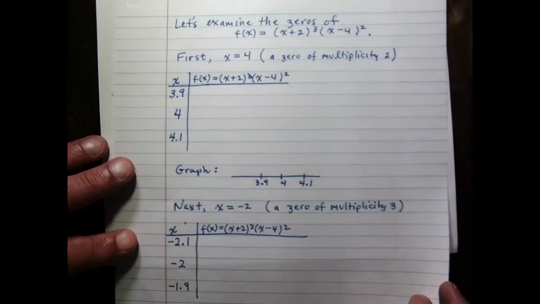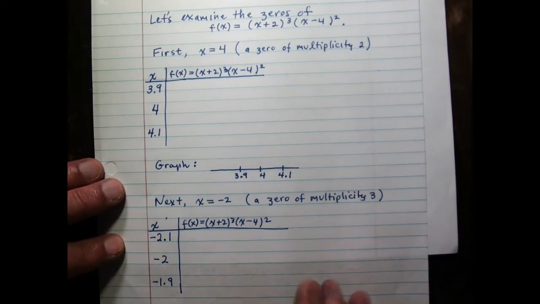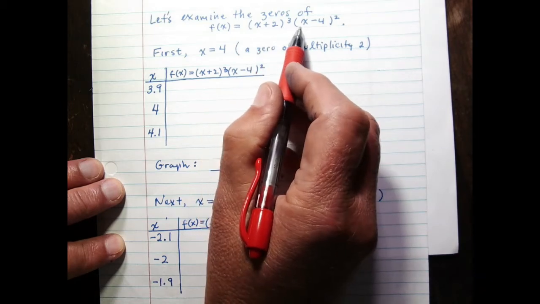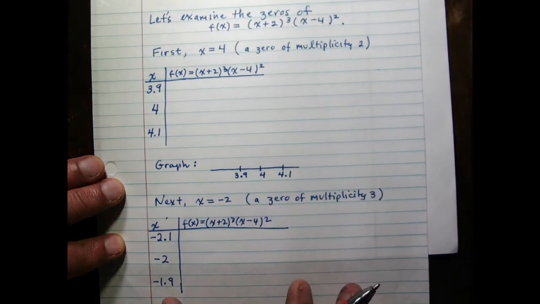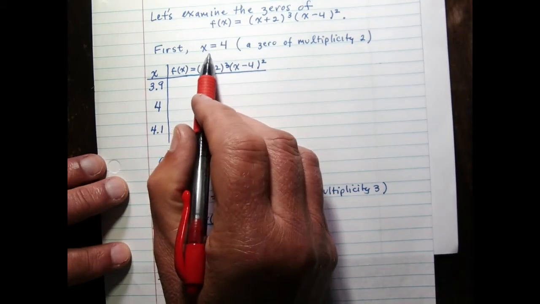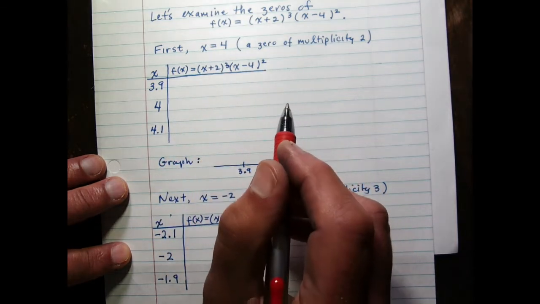So we're going to look at this same example of f of x equals x plus 2 cubed times x minus 4 squared. It has two zeros, like we just said. First, let's look at the 0 x equals 4, a 0 of multiplicity 2.